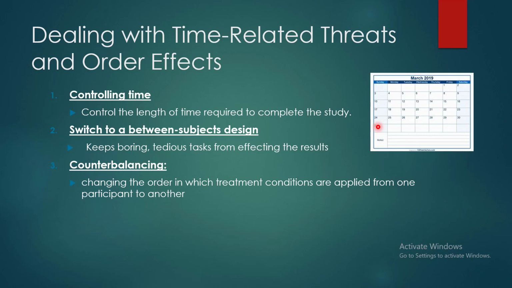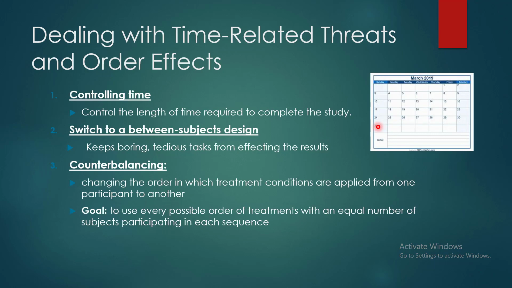Perhaps you want to make sure that some participants see the visual illusions in the dimly lit room first and then the brightly lit room, while others see them in the brightly lit room first and then the dimly lit room, so that you're counterbalancing the order in which the treatment conditions are applied from one participant to another.